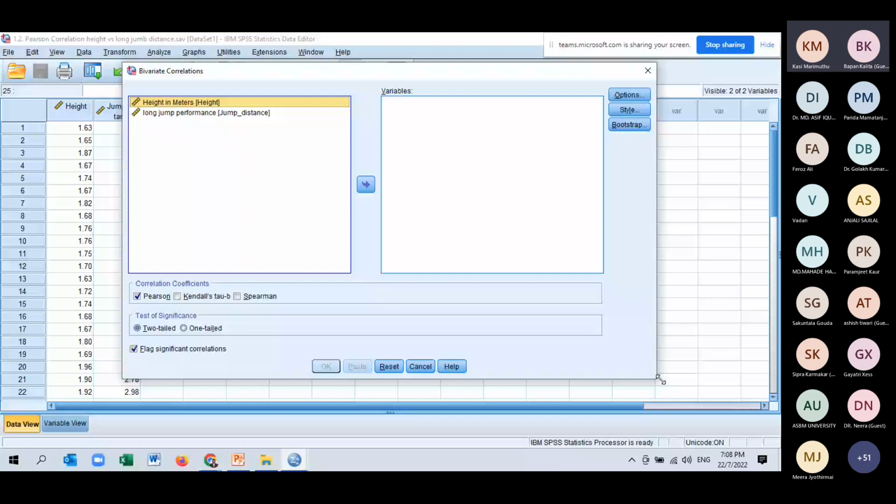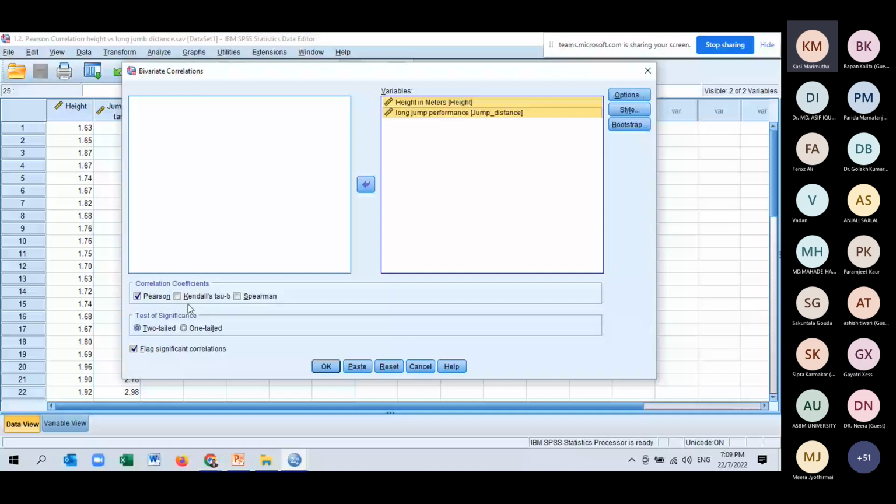Okay, using your mouse, by pressing the shift key, you select the two variables. By pressing the middle arrow from left side to right side, you move them. By default, can you please see here? There are three types of correlation: Pearson, Kendall, and Spearman. The data fulfills the normal distribution, so Pearson comes under the parametric approach.